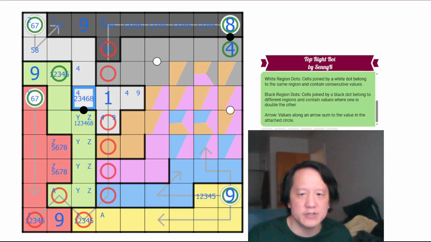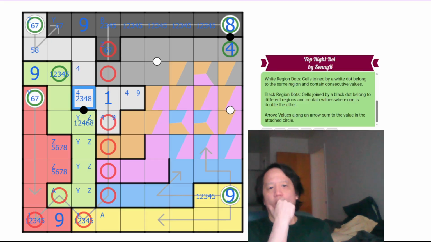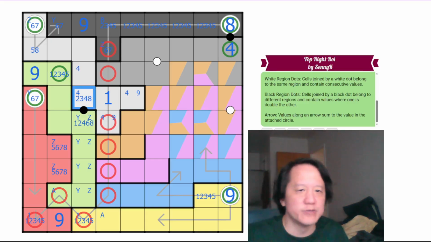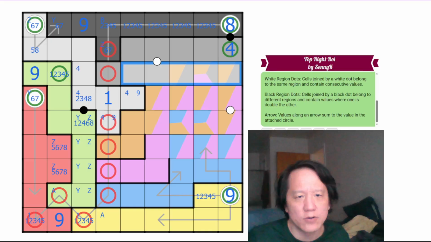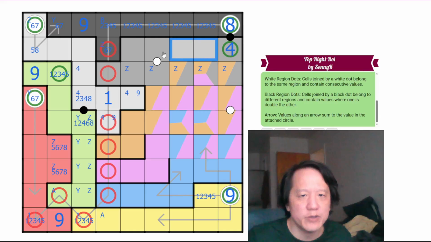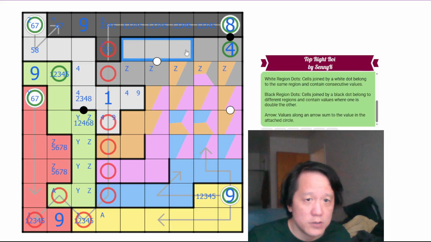So this cannot be 6, which means this can't be 3 then correspondingly. We're guaranteed a Z here. Y can't be here, but Y could be any of these. Y cannot be here anymore. So Y has to be one of these 4.